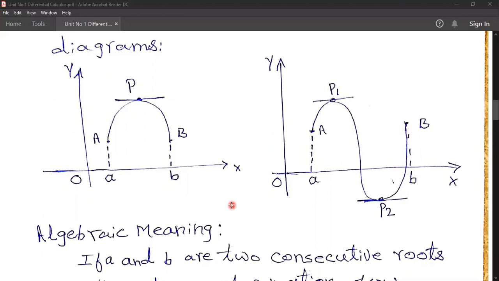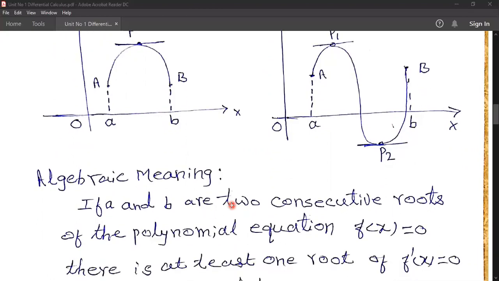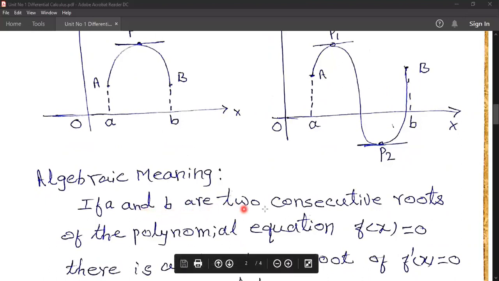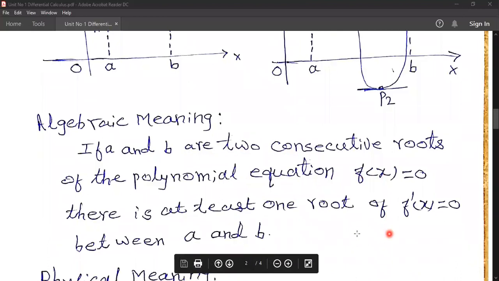Then we'll see the algebraic meaning of Rolle's theorem. If A and B are two consecutive roots of a polynomial equation f of x equal to 0, there exists at least one root of f dash of x equal to 0 between A and B. This is the algebraic interpretation of Rolle's theorem.